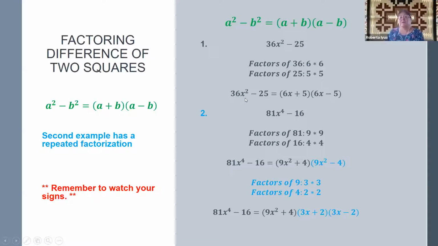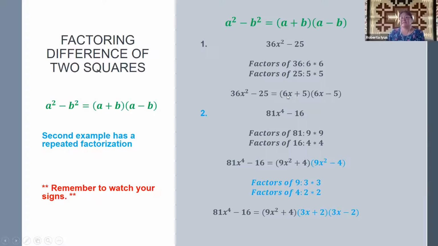So 36x squared, the factors of that will follow this: 6x and 6x. And then your negative 25, your factors of 5 and 5, one of these has to be negative to get a negative 25. So plus 5 and negative 5.